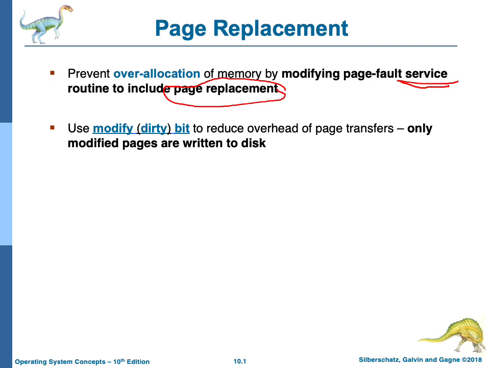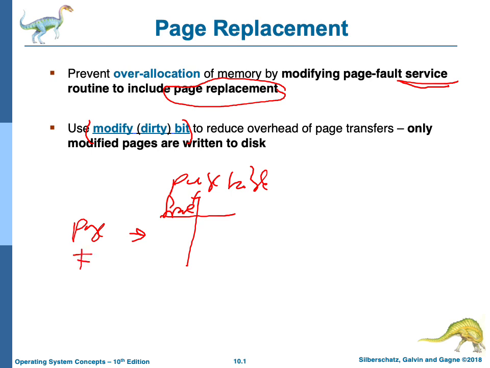But before that, we want to define another bit that is called the modify bit or the dirty bit. So this will be added to the page table, right? Our page table will actually be looking like that. So we're going to have the frame number. So the index will be actually the page number that we're looking for.